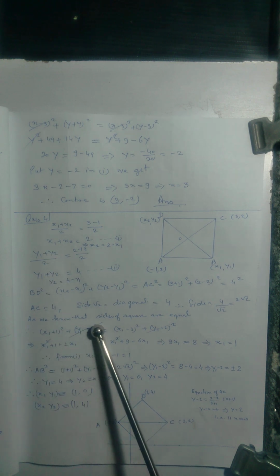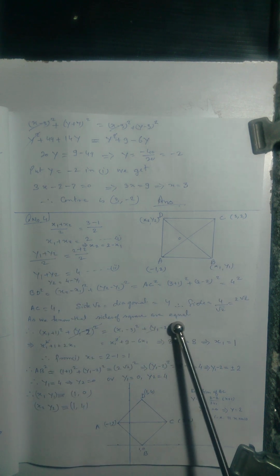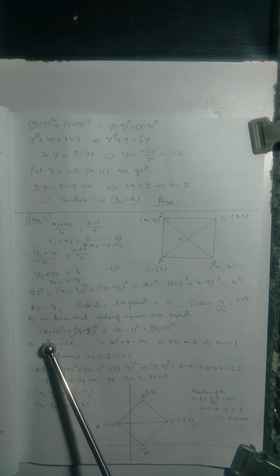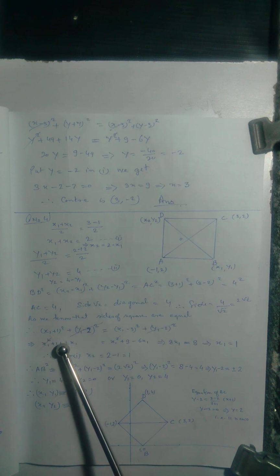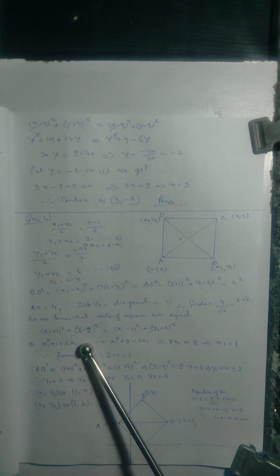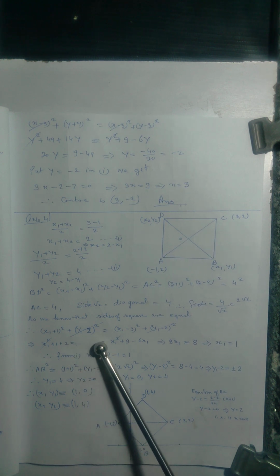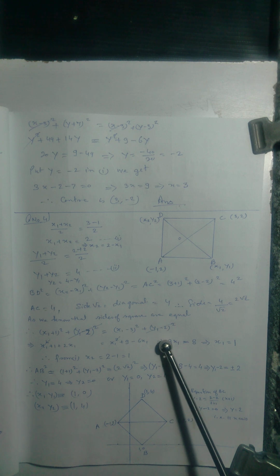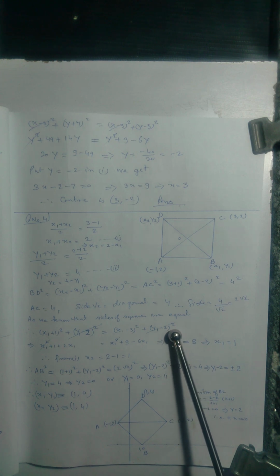As we know that the sides of the squares are equal, let us proceed: (x1 plus 1) whole square plus (y1 minus 2) whole square is equal to (x1 minus 3) whole square plus (y1 minus 2) whole square.